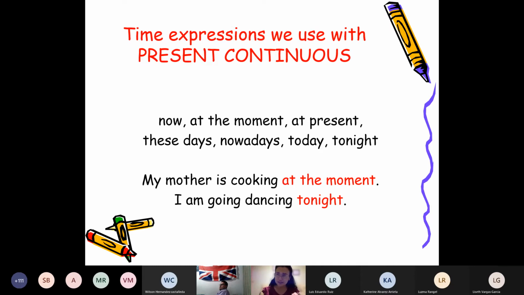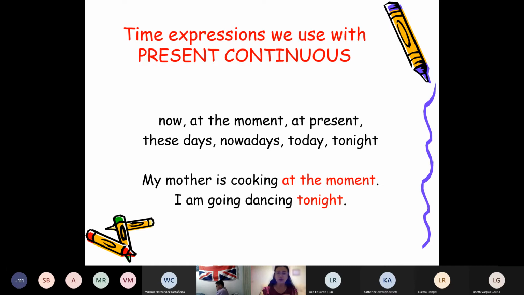I am going dancing tonight. You are listening to the teacher right now. Yes, justamente ahora. The teacher is explaining the lesson at the moment, no? So those are the expressions that you use when you are using the present continuous tense.